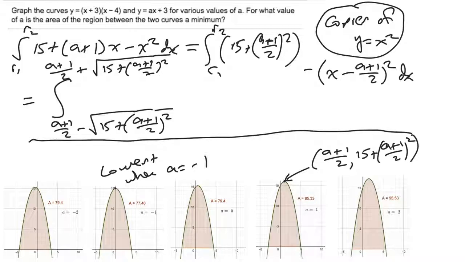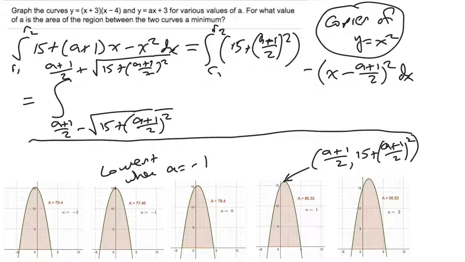In other words, one of the other reasons that completing the square or using this form is useful is because it's very easy to see what your x-intercepts are. The x-intercepts are just this number, the thing that makes this 0, plus or minus the square root of this. So those are my limits of integration.